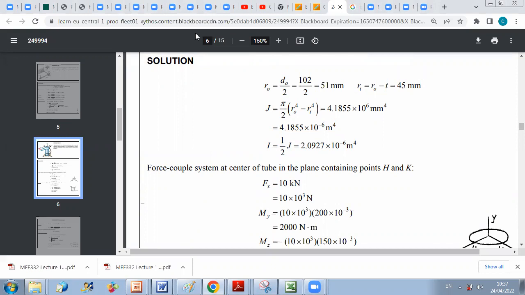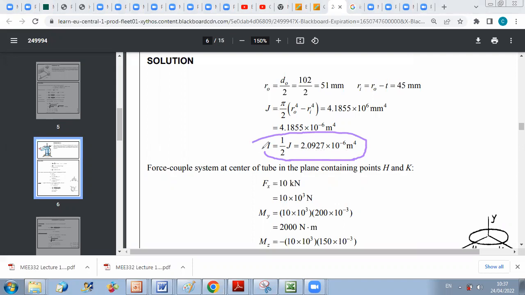And concerning the moment I, the second moment of area about the y-axis, I is given by half J, which is pi over 4 times r outer to the power 4 minus r inner to the power 4.